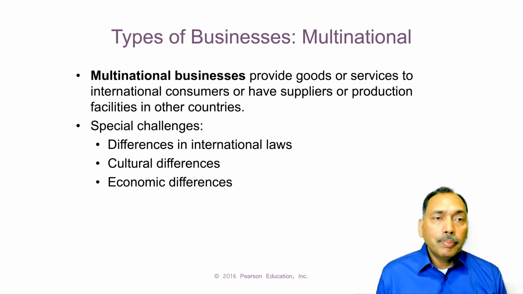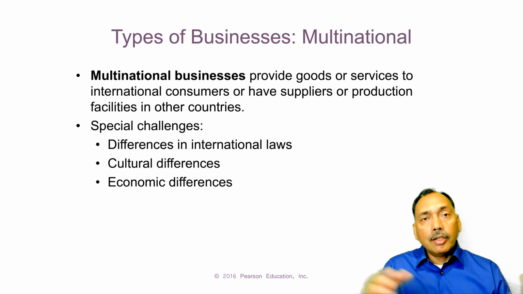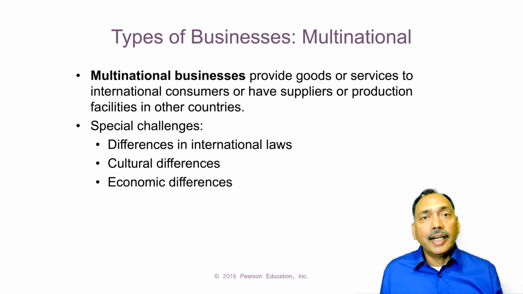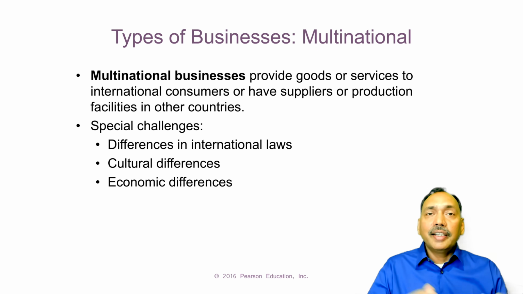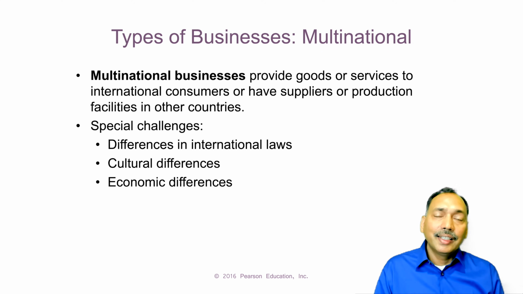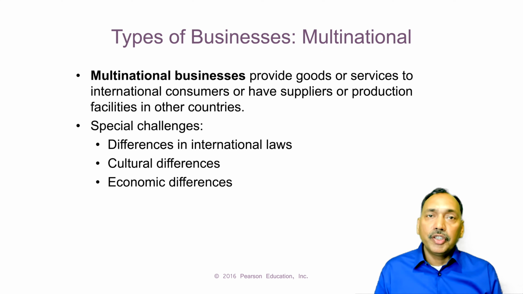The fourth type of business is a multinational business, and as the name indicates, these businesses provide goods and services to consumers throughout the world. Because of this vast spread, although it creates an opportunity for them to make more and more profits, it also increases their complexity and the challenges they have to face in so many different countries.